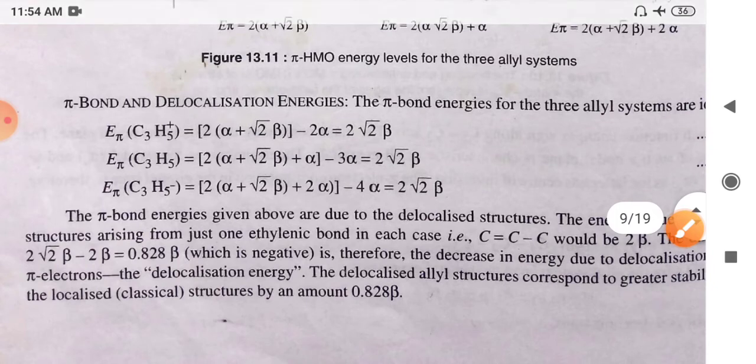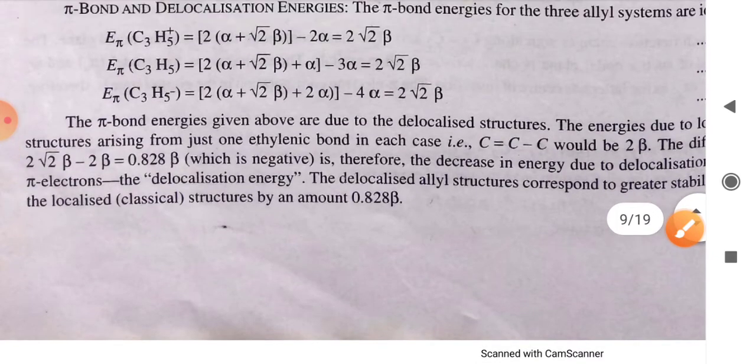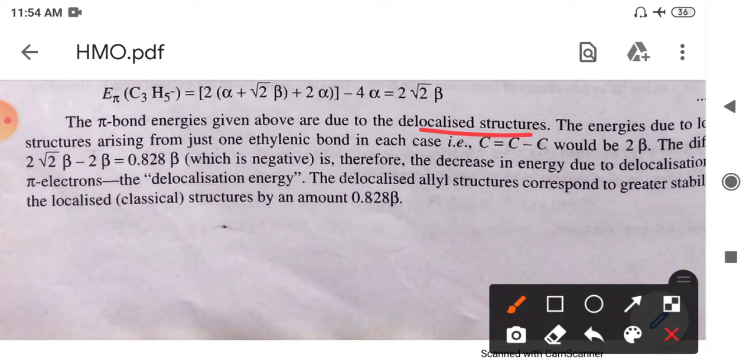The pi bond energies given above are due to the delocalized structure, so we need to find the delocalization energy. What has made this structure quite stable over the allylic system, that we need to find out. How can we find this?